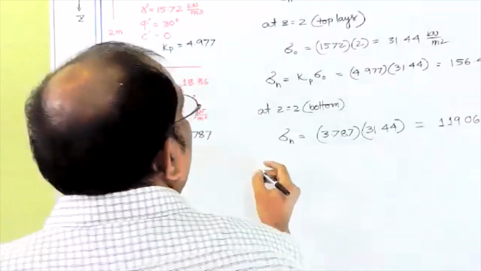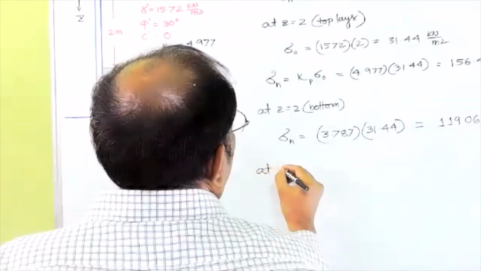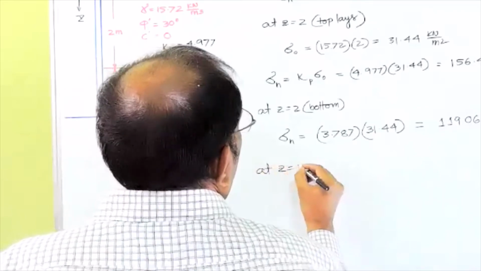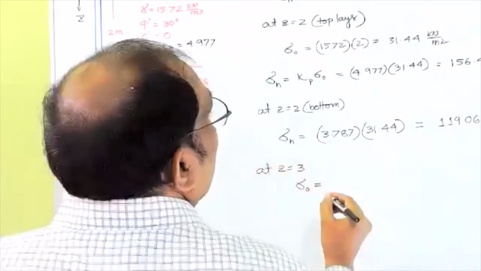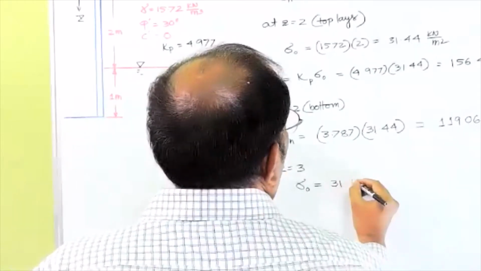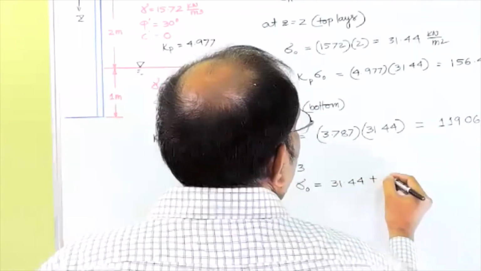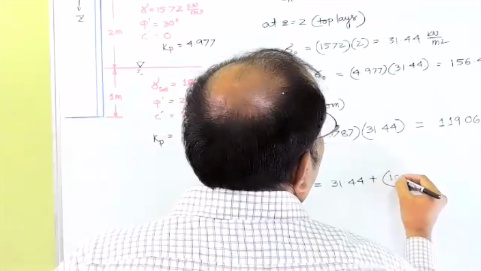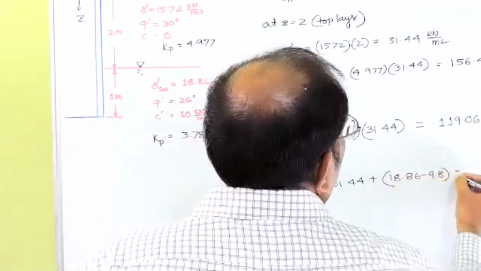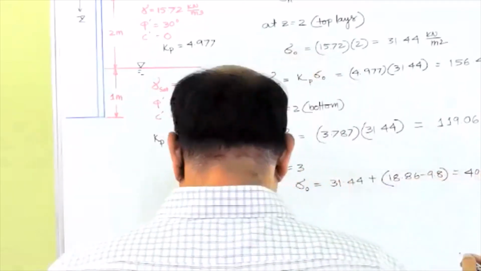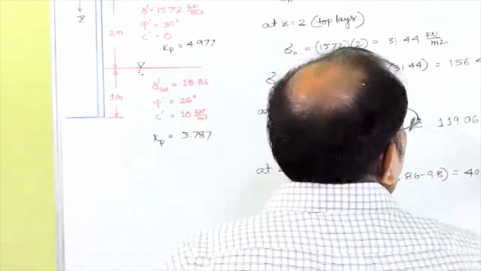And again, at z equal to 3, your sigma naught is basically 31.44 plus 18.86 minus 9.8, that's actually 40.49.